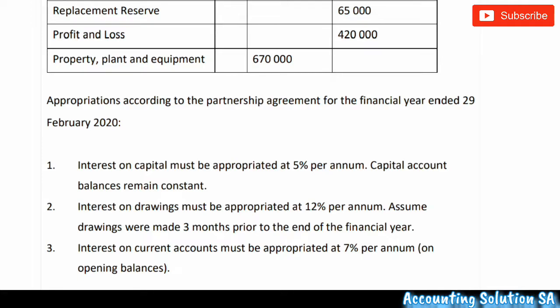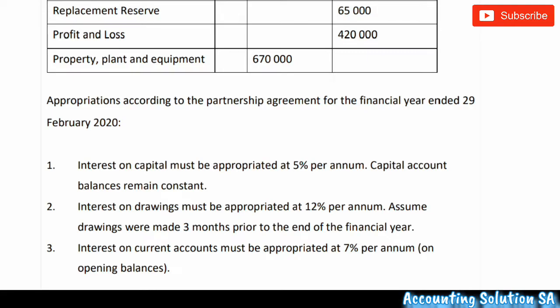Why? Guys, remember, if the partner is making a withdrawal, the company is losing, which means that the partner must be punished in terms of interest. The partner must pay interest. Then they say assume drawings were made 3 months prior to the financial year end.